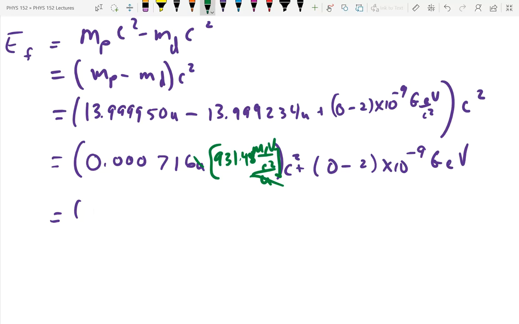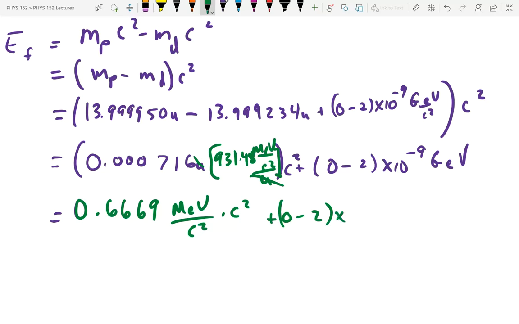And now I simply have to multiply through: 0.000716 times 931.48 is... Now I changed it from giga electron volts to MeV in this last line.